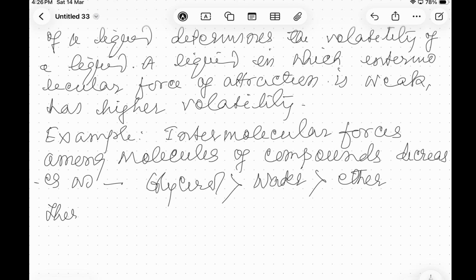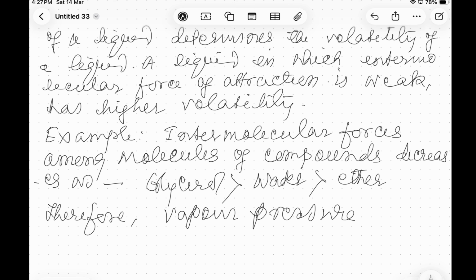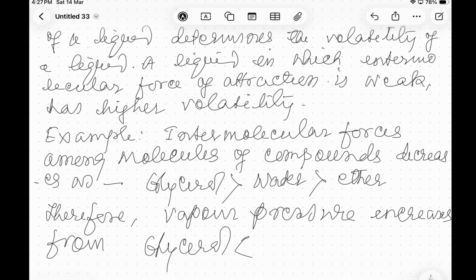Therefore, vapor pressure of these liquids increases from glycerol to water to ether. That means vapor pressure in ether is highest.